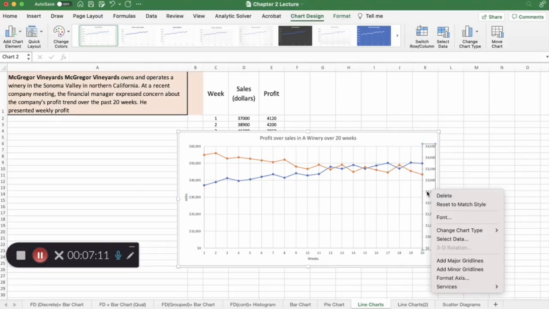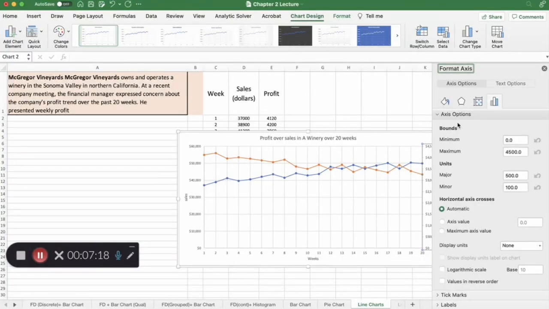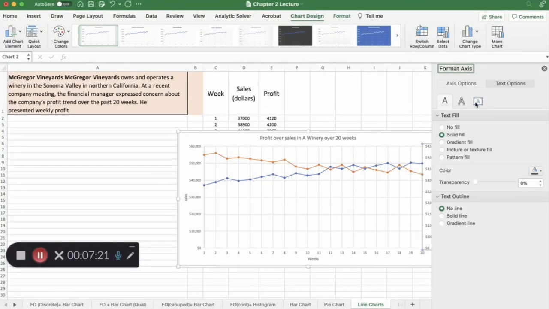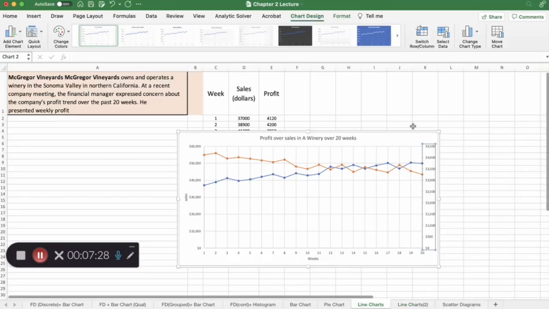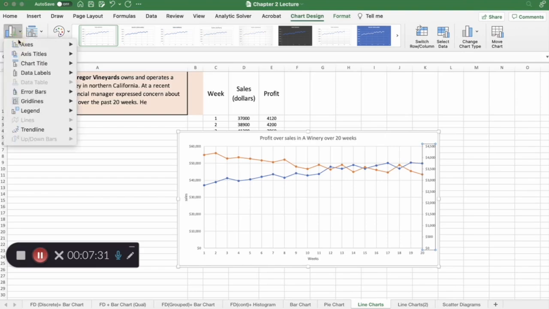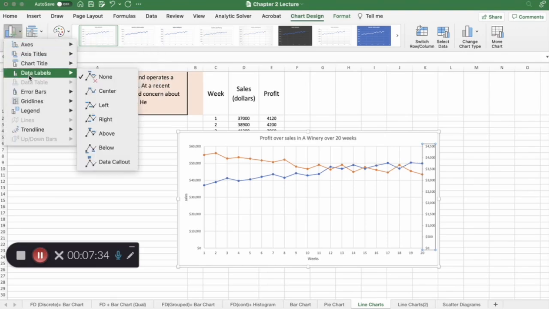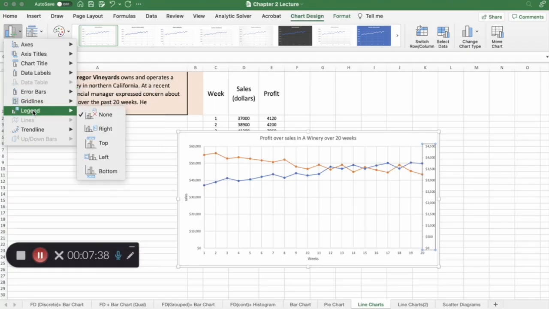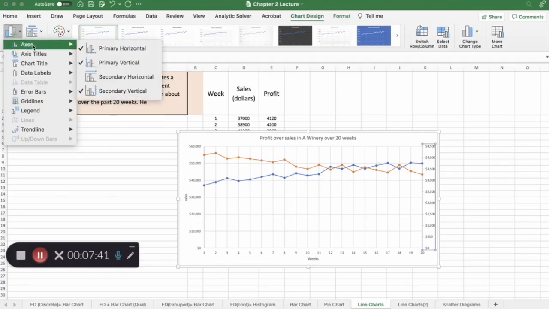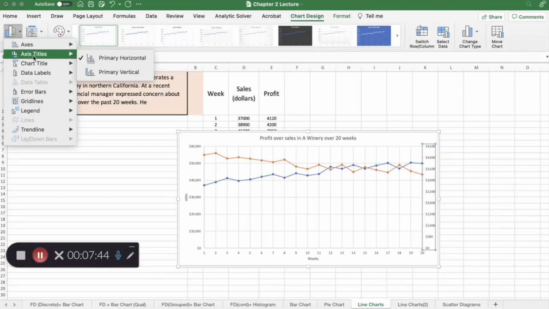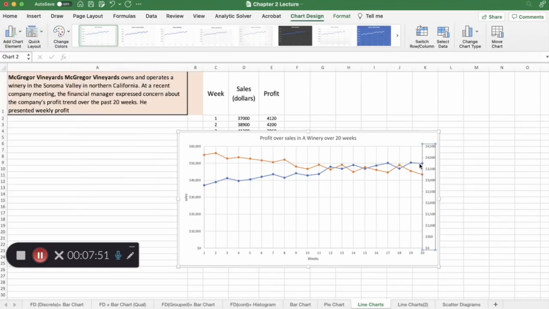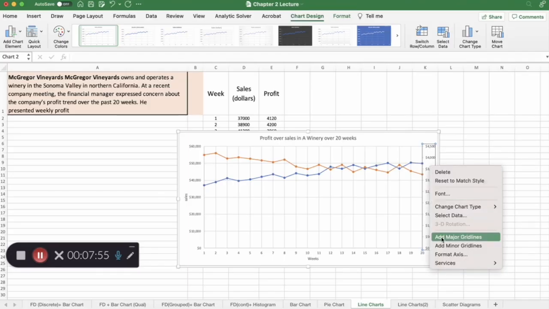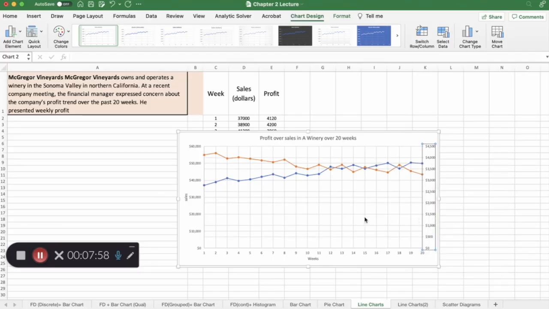We have to choose this. Format axis. Let me try to edit text options. It's not here. Anyway, I forgot where it is. It should be somewhere here. Secondary horizontal. We're looking for secondary titles. Anyway, it should be in the Windows. Should be there. Yes.